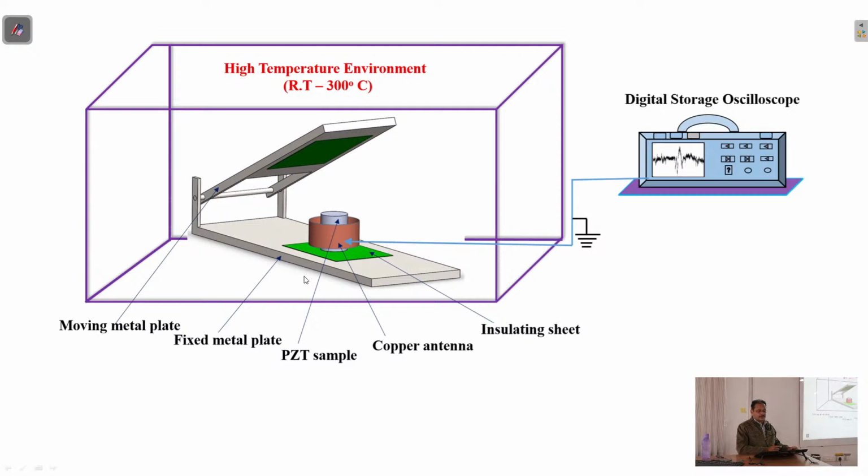A complete setup was placed inside the environmental chamber, and of course you have to have all the heat insulation to safeguard your instrumentation wires, etc. This complete setup was kept inside, you heat it up, let it stabilize for some time, and then this platform is dropped so that you observe the signal. That is how the experiments were conducted.